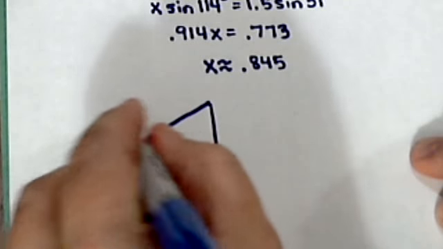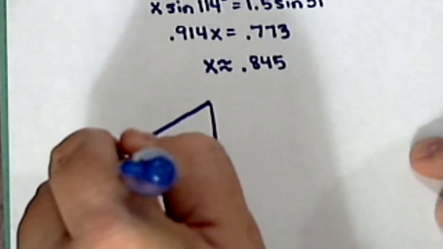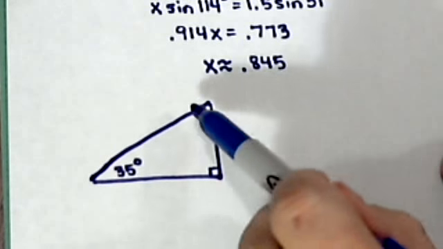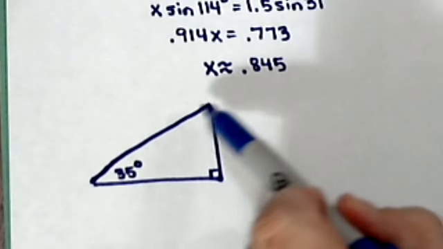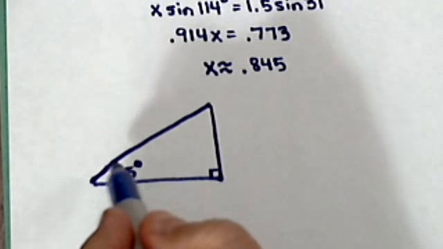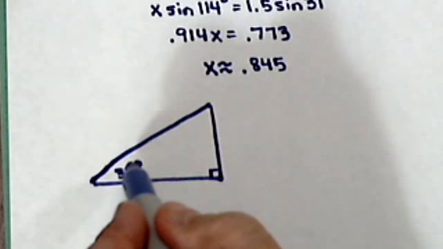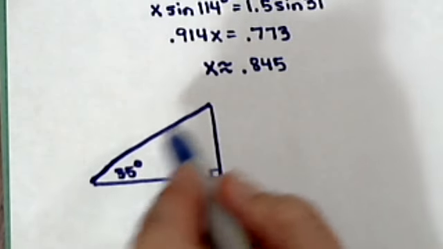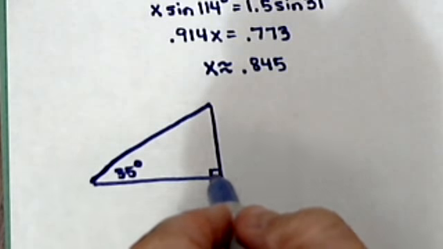Okay. We know that this is 35 degrees. Now this whole angle at the top was 114. It's not necessarily split in half, but we can figure out this angle because we know that these two have to add up to 90 because this is already 90.